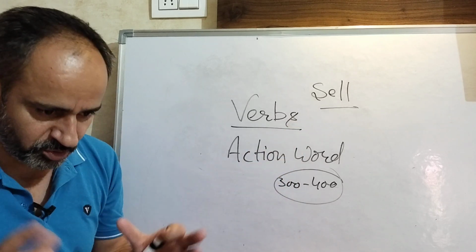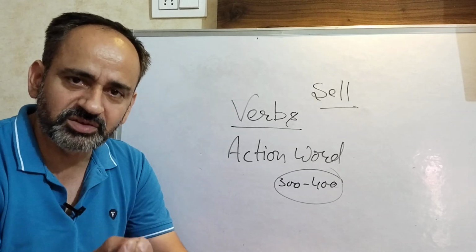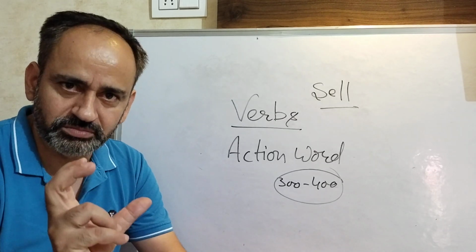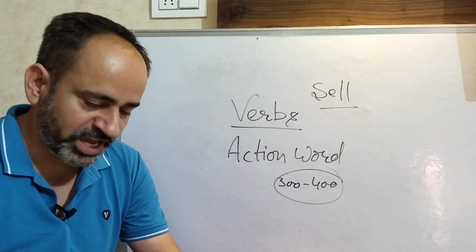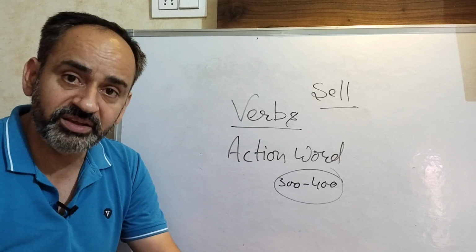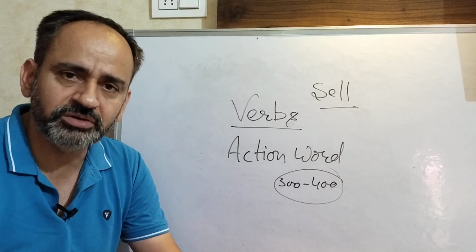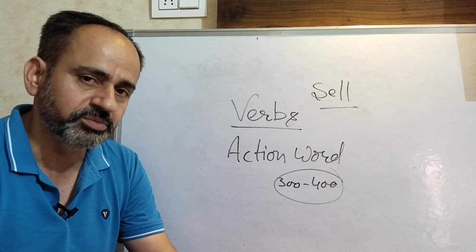I can tell you in a few words that verbs are the essence, the core of any language, so without them it's not possible for you to learn any language. We have verbs in Punjabi, we call them kriya, or in Hindi kriya, and all the local languages of different countries have their own verbs, but in English you need to master these verbs.